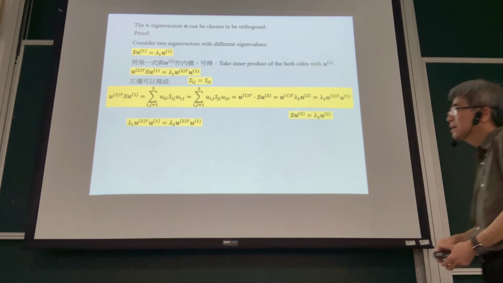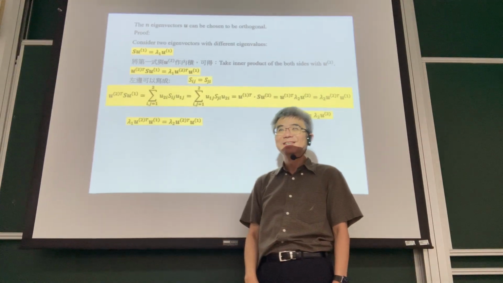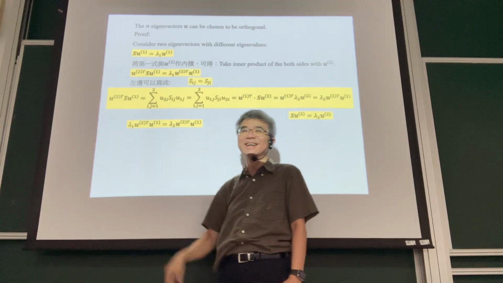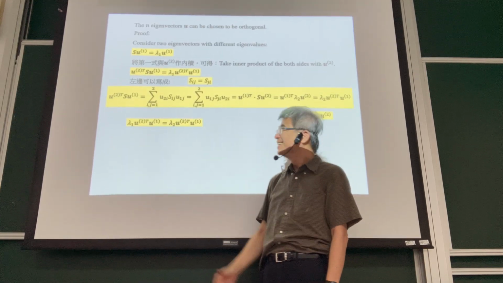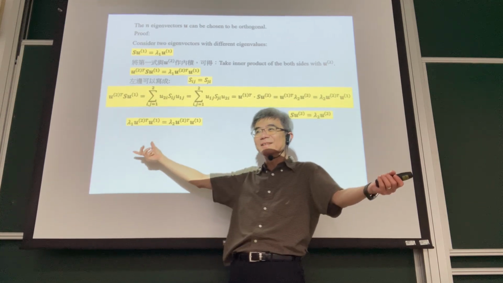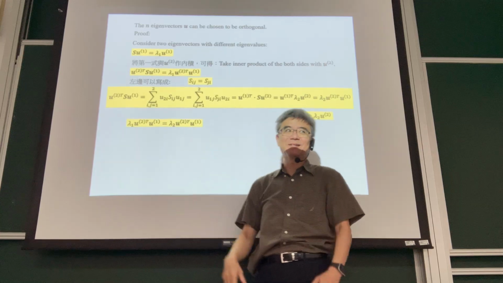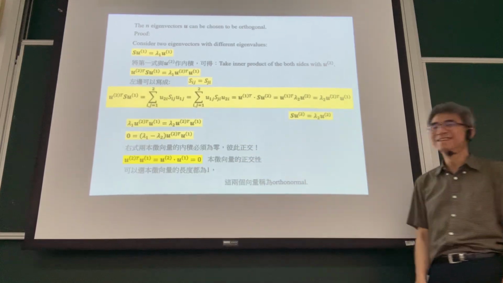By this, I mean the inner product of U1 and U2. But they are multiplied by different numbers, yet they are equal. How could that be possible? The same number times a different number will produce the same thing. It's impossible, unless this number is equal to 0.